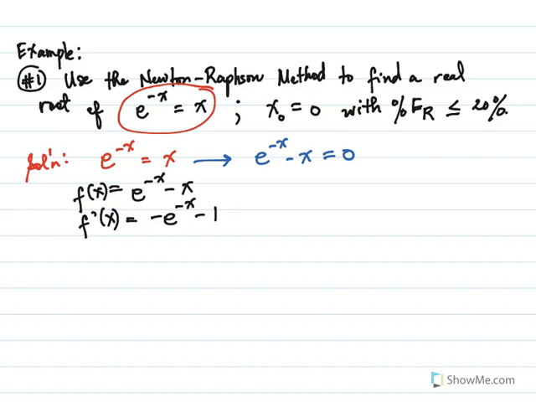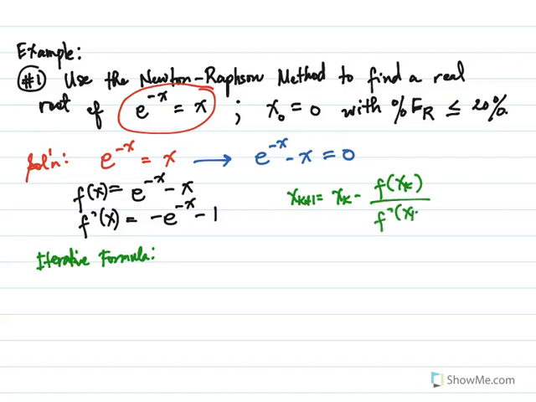So our iterative formula, following our general form of the iterative formula: x sub k plus 1 is equal to x sub k minus f of x sub k divided by f prime of x sub k.